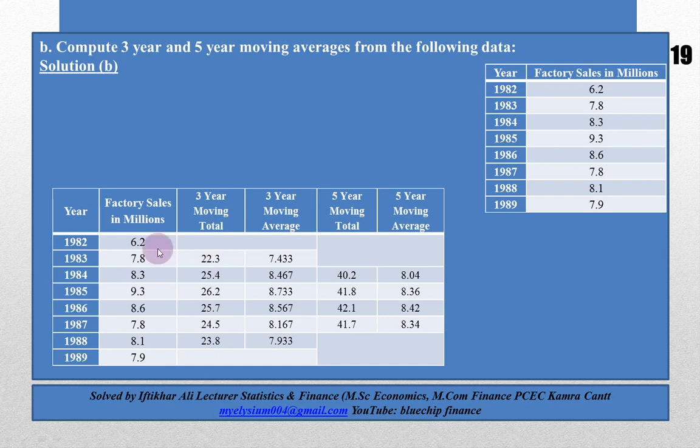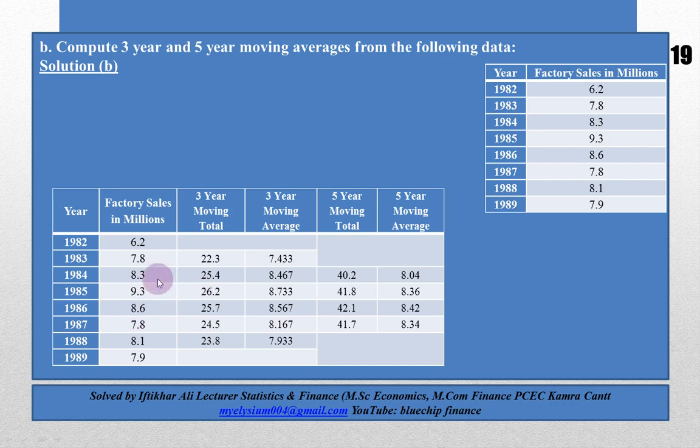Now leave one value and the remaining will be 7.8 plus 8.3 plus 9.3 equals 25.4. Leave another value and add up the next 3 values, 8.3 plus 9.3 plus 8.6, and the sum is 26.2.